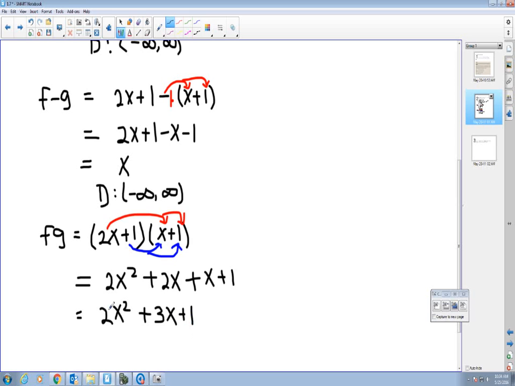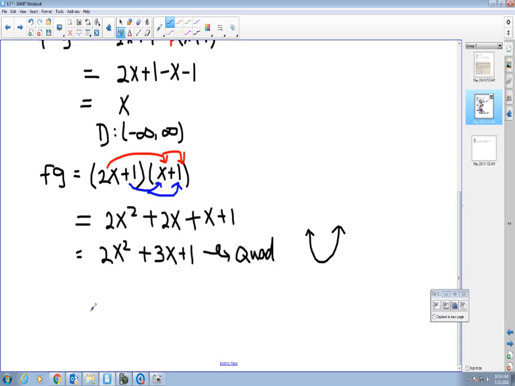So this answer is a quadratic function. A quadratic function produces a parabola, a vertical parabola. And for a vertical parabola, one side keeps on going to the right, the left side keeps on going left, so my domain will be the same, from negative infinity to infinity.